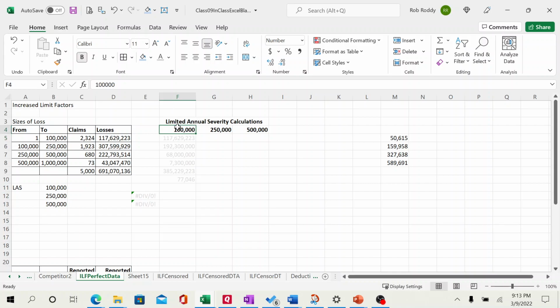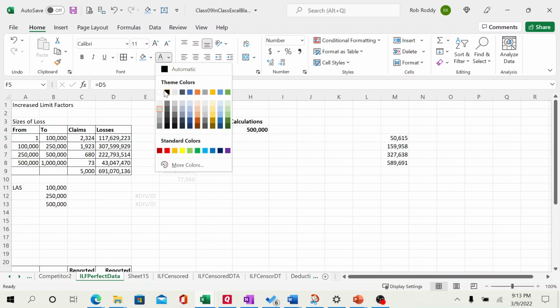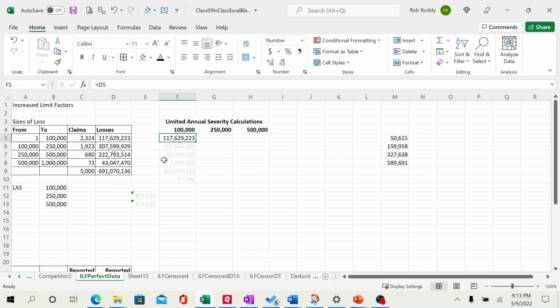If you limited all losses to $100,000, what would these losses look like? With a severity limitation of $100,000, the losses that only went up to $100,000 would all be included, obviously.